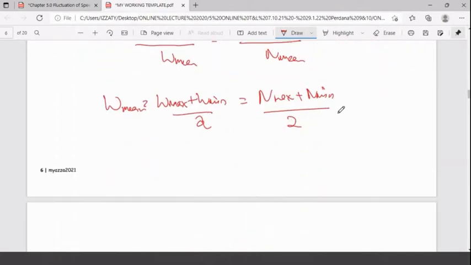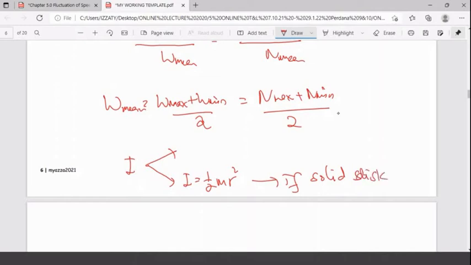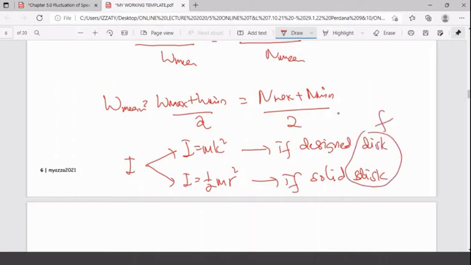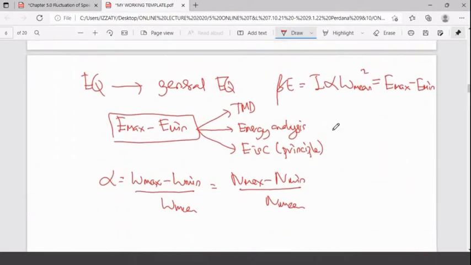So I can be calculated as I equal to half m r squared if it is a solid disk, or you will have I equal to m k squared if it is designed, sometimes we call it a flywheel.